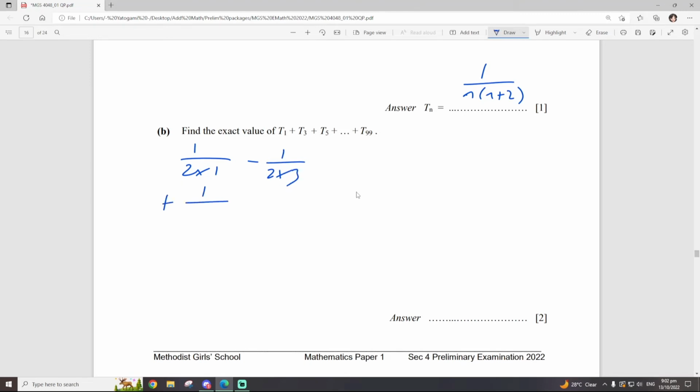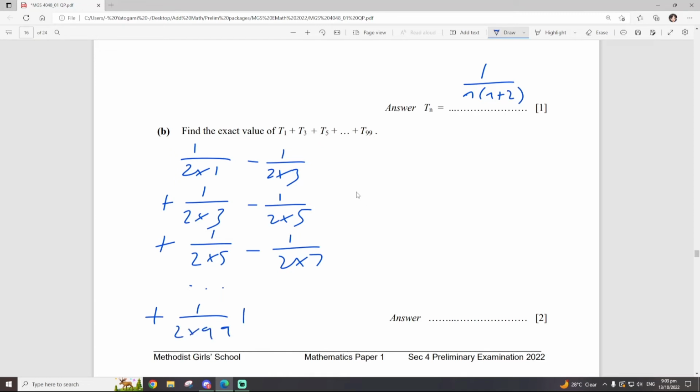So this is plus 1 over 2 times 3 minus 1 over 2 times 5 plus 1 over 2 times 5. Minus 1 over 2 times 7 dot dot dot plus 99. So the 99 one will be 1 over 2 times 99 minus 1 over 2 times 101. Okay. So we see that these terms will all cancel, this will cancel as well.